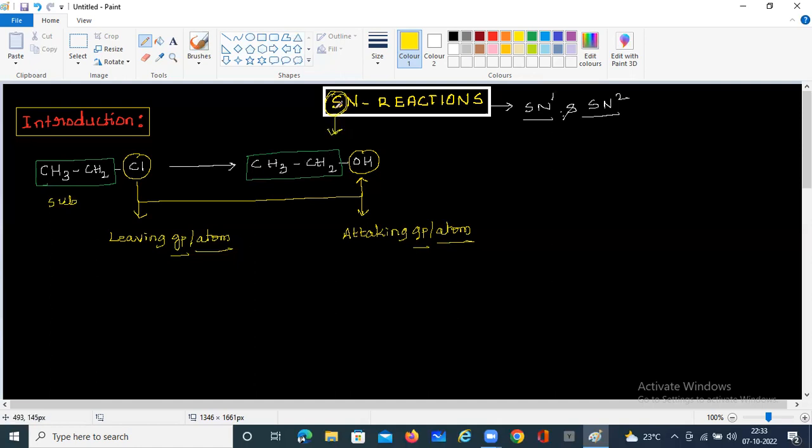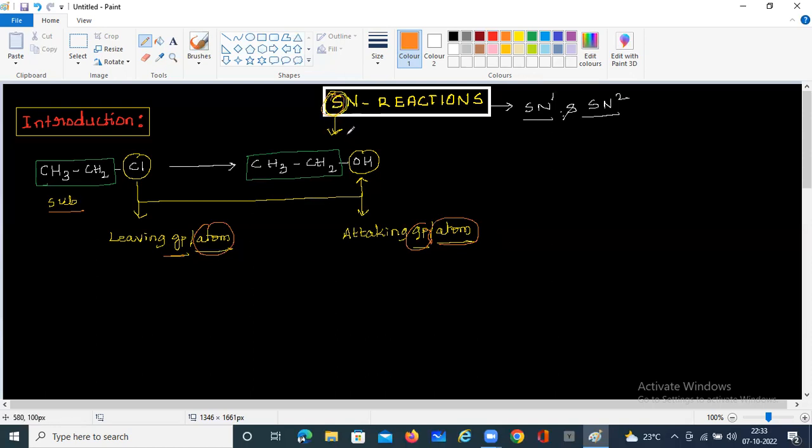So simply how can we say a substitution reaction? The replacement of an atom or a group of the substrate with any other atom or group.